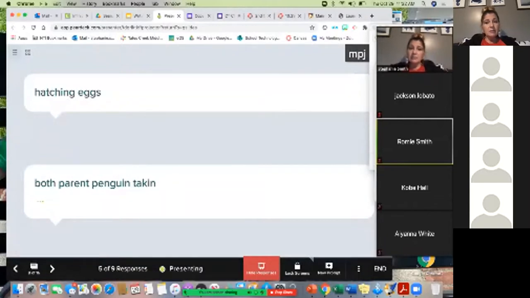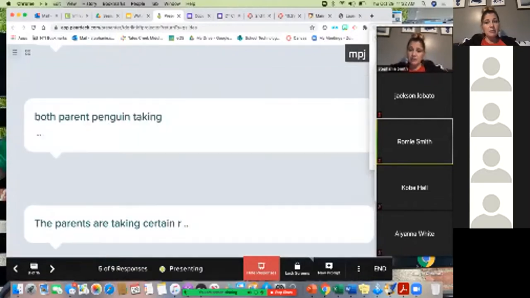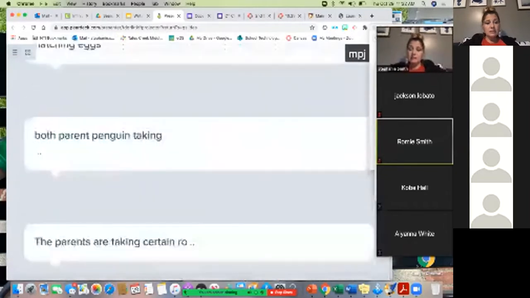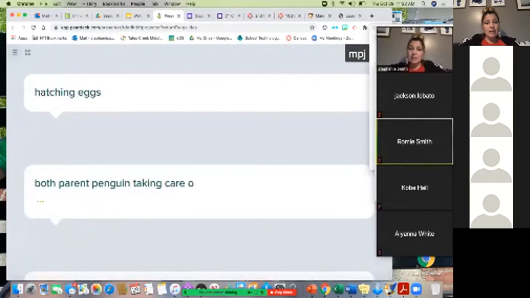Whoever's saying something about both parent penguins, that's a great start. This paragraph is about parent penguins doing something, right? That's the main idea here. What are the parent penguins doing?